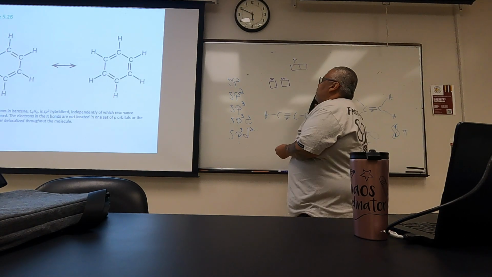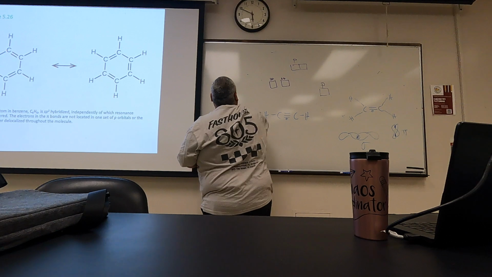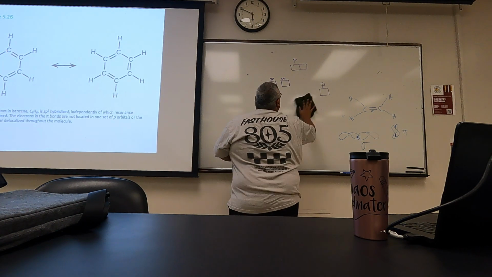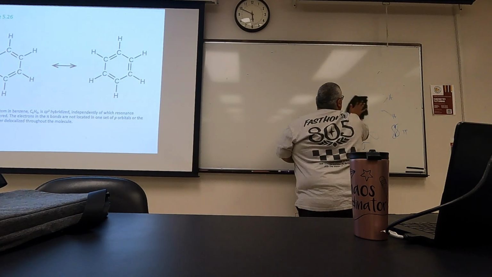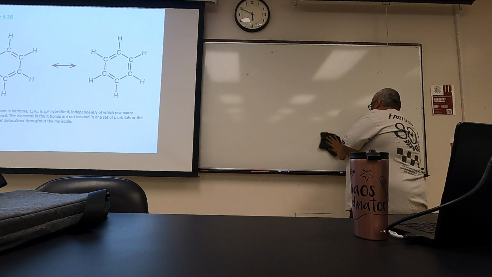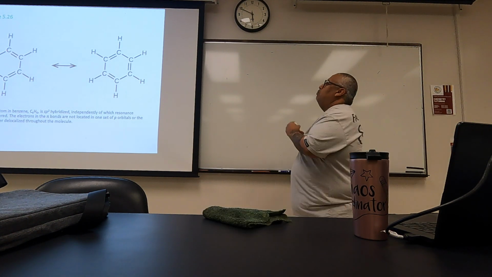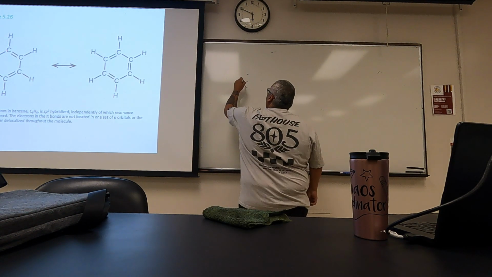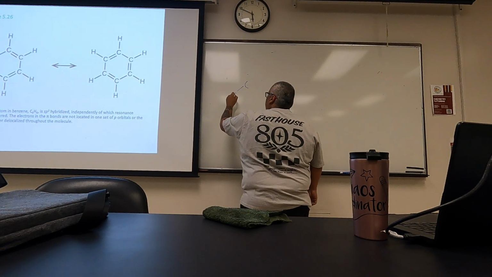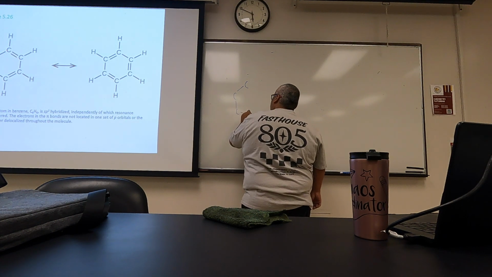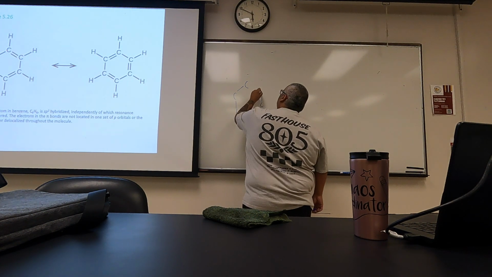And then just to revisit, I did introduce resonance structures. So these here are what we consider resonance structures. What happens with resonance structures is sometimes these electrons move around.